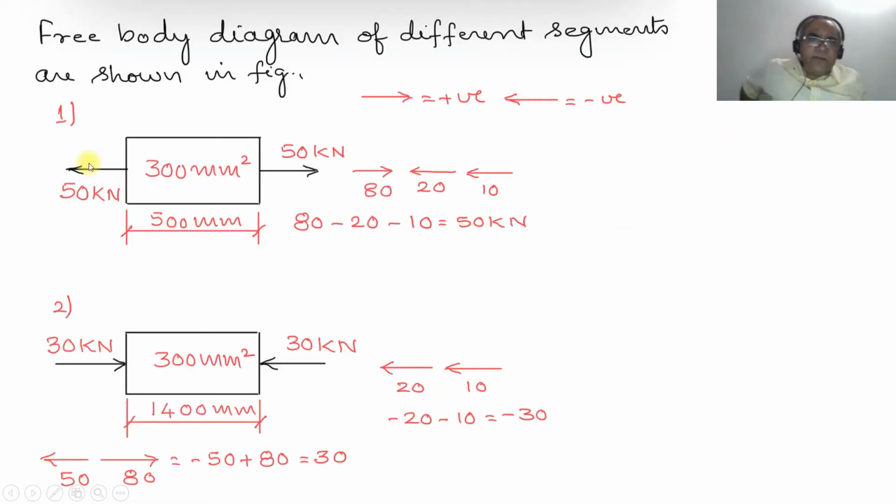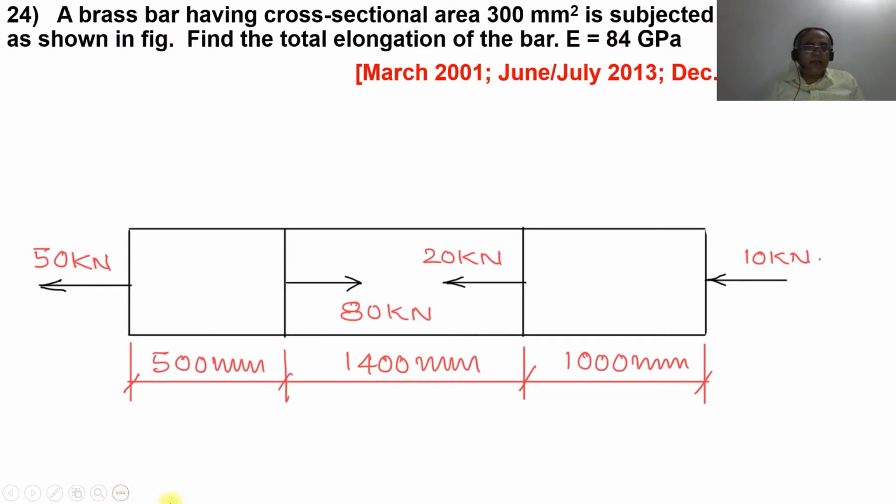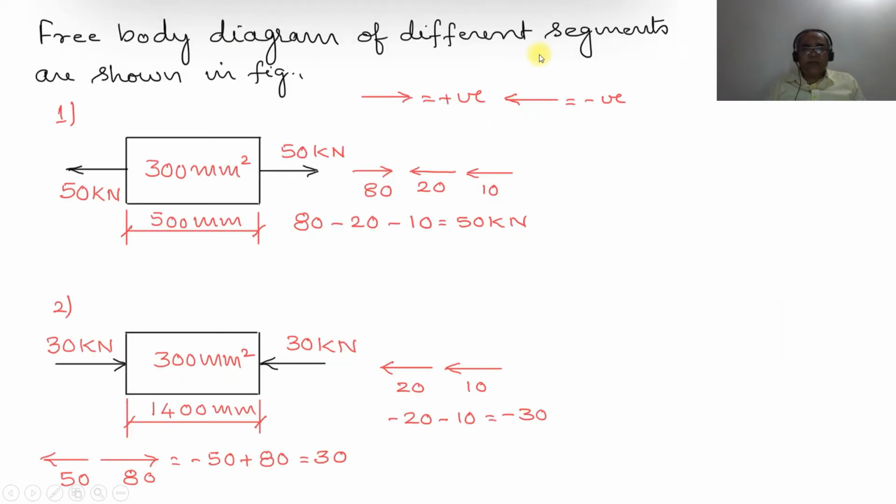Now we will write the free body diagram of the different segments. In the first segment, you have a 50 kilonewton force acting towards the left side on one side. Then the forces acting towards the right side are 80 kilonewton, 20 kilonewton and 10 kilonewton, acting on the other end of the segment. So you have a 500 mm length having uniform cross-sectional area of 300 mm square. Now we need to analyze the free body diagram.